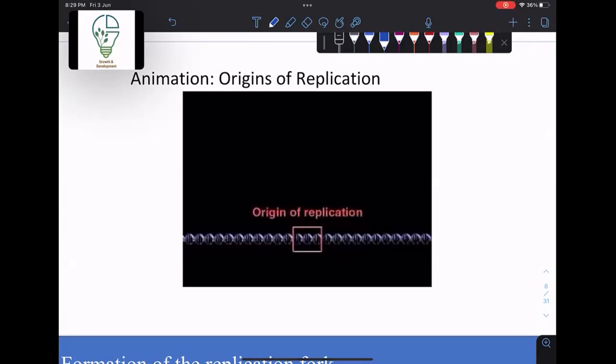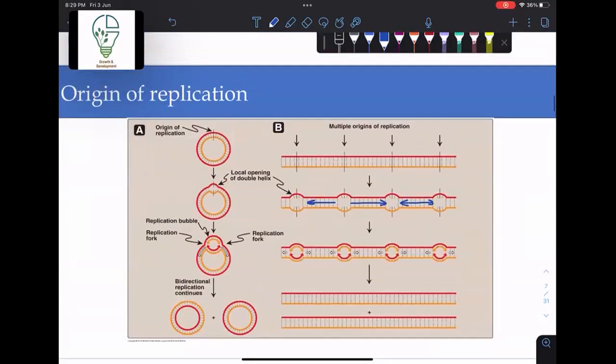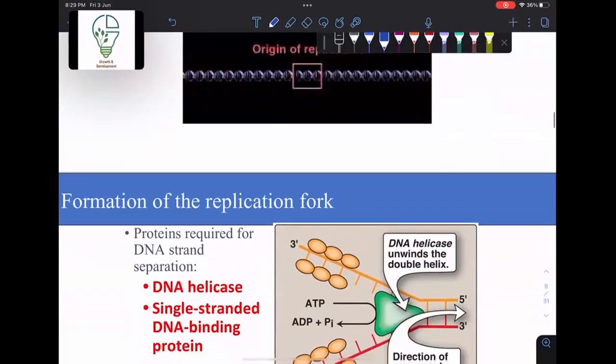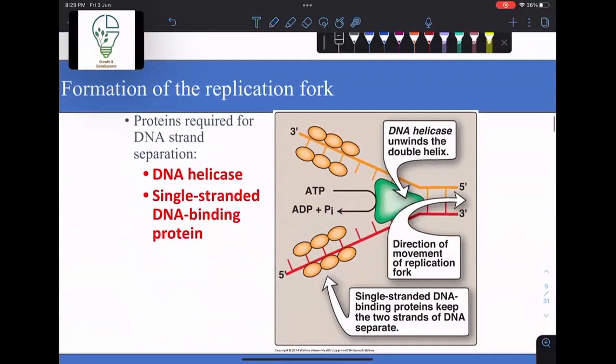And then from there onwards, DNA replication and uncoiling of the DNA occurs in both directions, this direction and this direction. Okay, so once the origin of replication forms, we have the replication fork that forms. So basically, replication fork and origin of replication are used interchangeably.